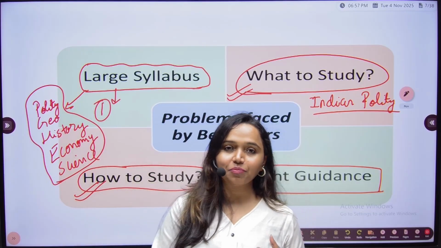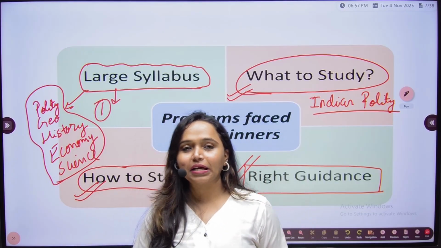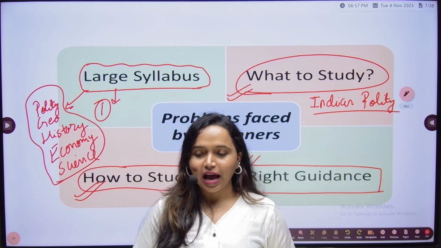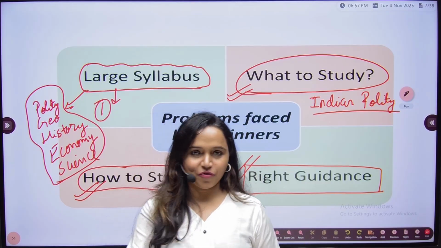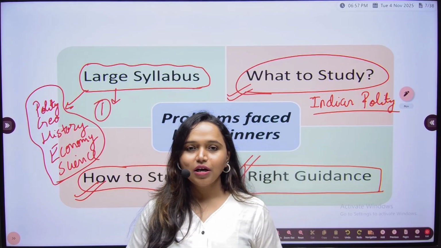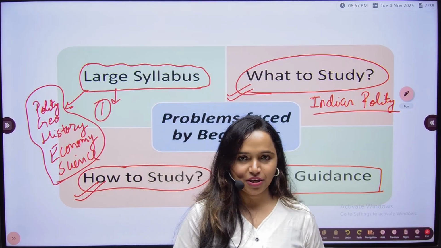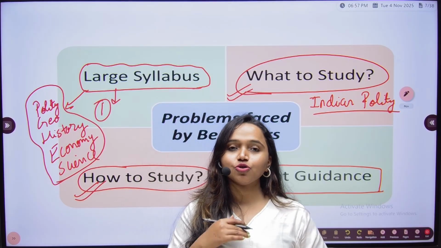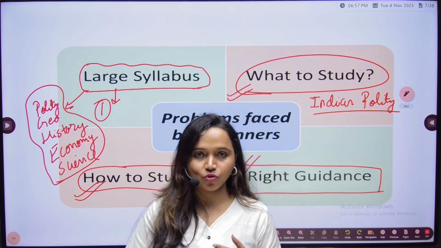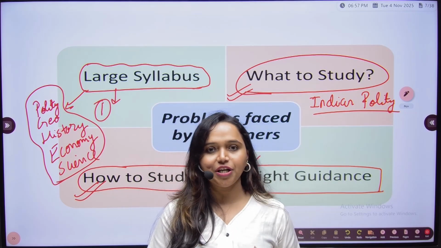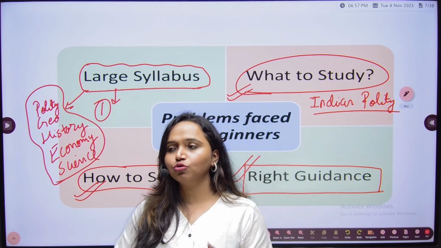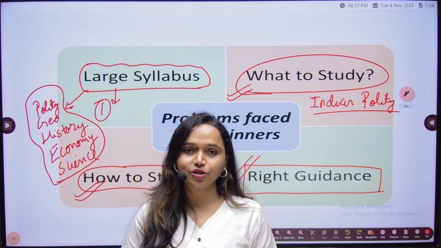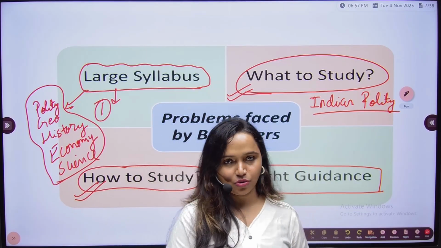So unlike me, you shouldn't end up making notes of Lakshmikant and having a Lakshmikant copy with you, because that will not be a smart approach. You should have a summarized form of notes and a clear understanding of Indian polity, which will help you solve MCQs, instead of making very beautiful notes.